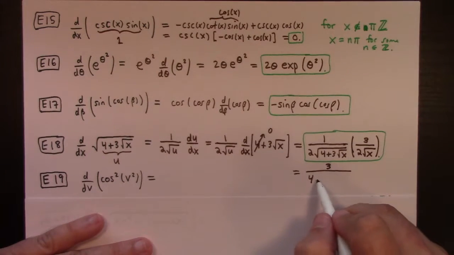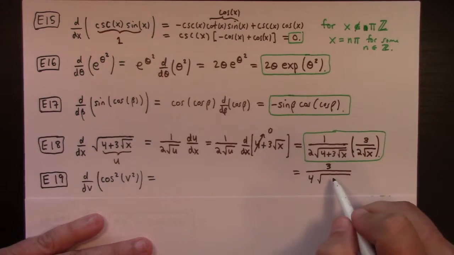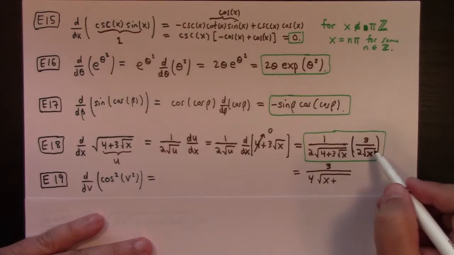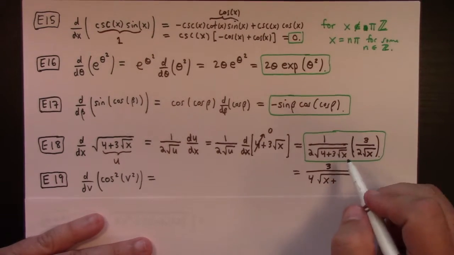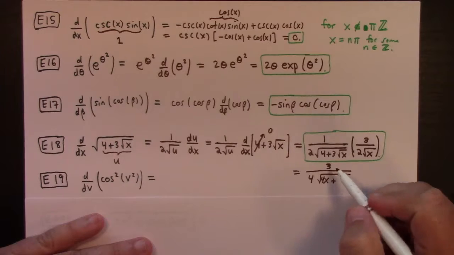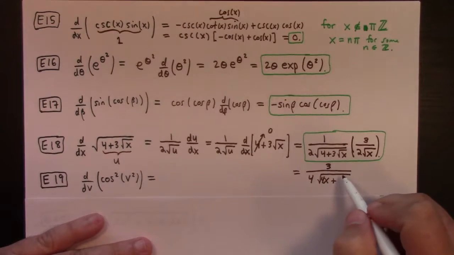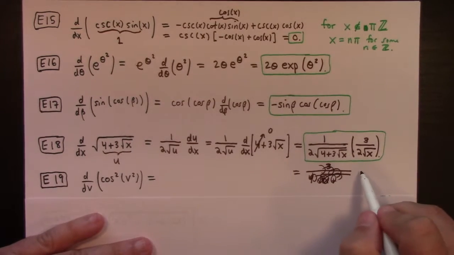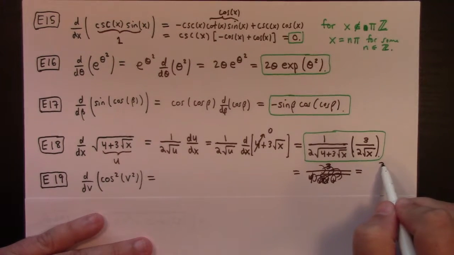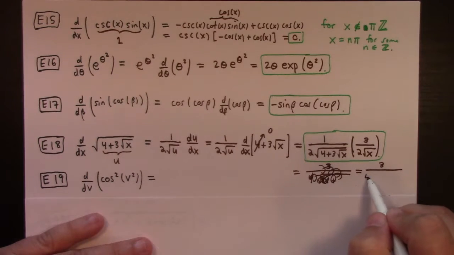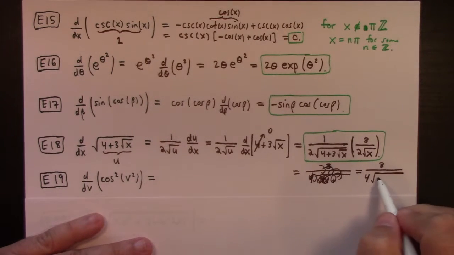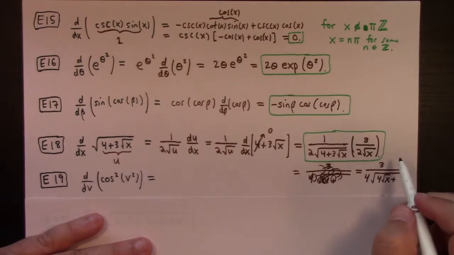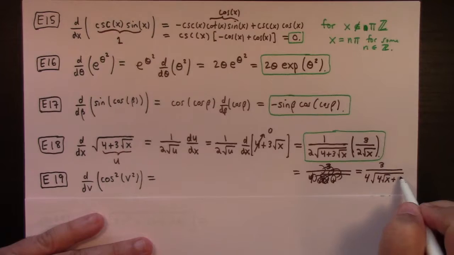I'll bring the 2 out front, and then I've got the square root of x times, bringing the square root of x in here, 4 square root x plus 3 square root of x times square root of x, which is just 3x.